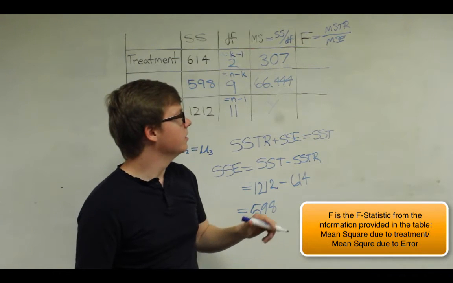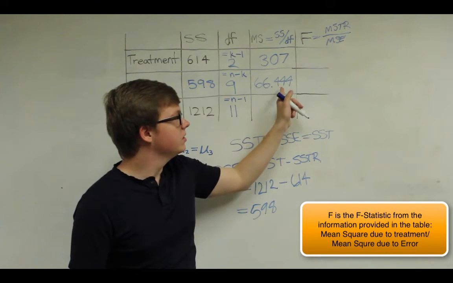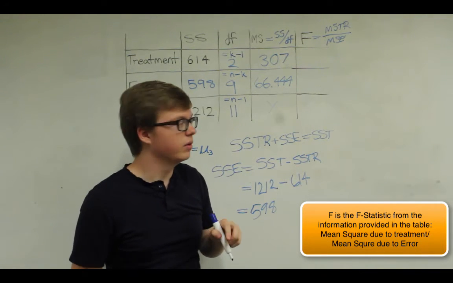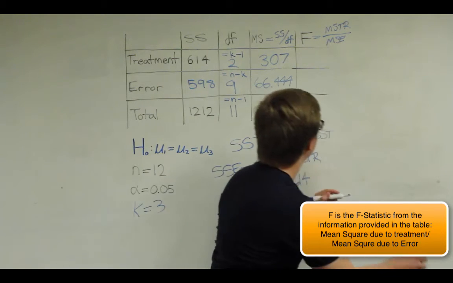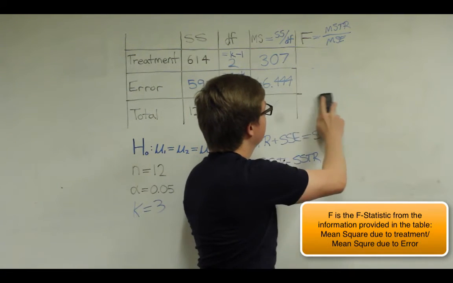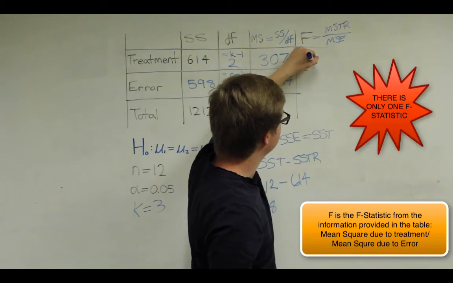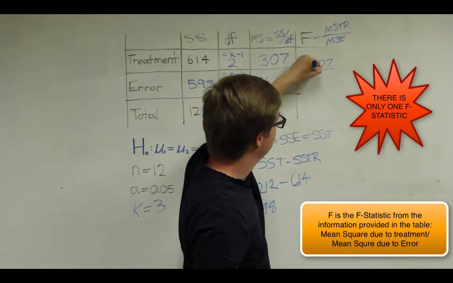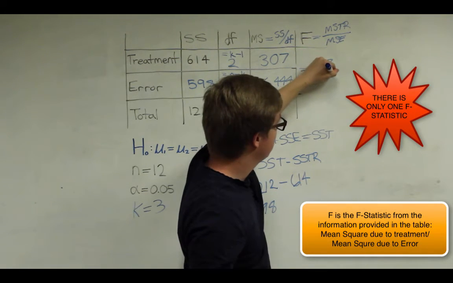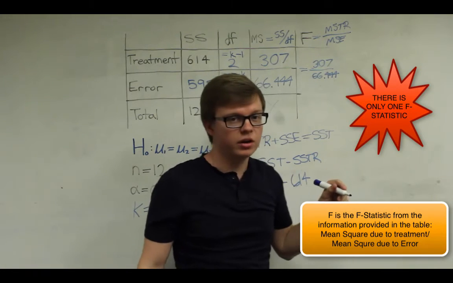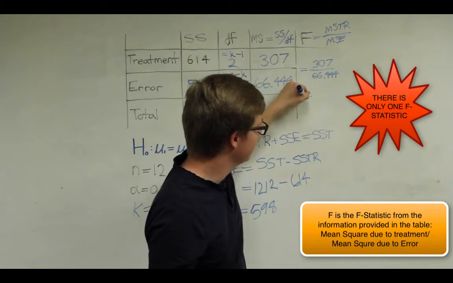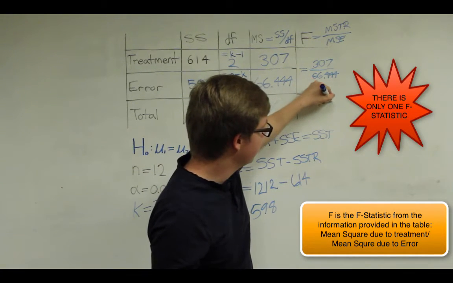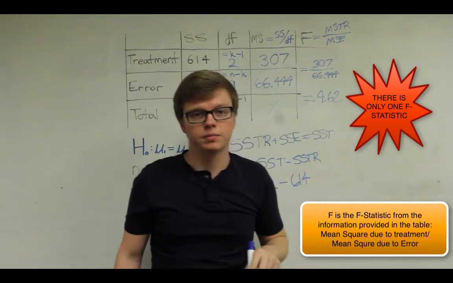In this case we have 307 divided by 66.444. If you put that into your calculator, you'll get an F statistic of approximately 4.62.